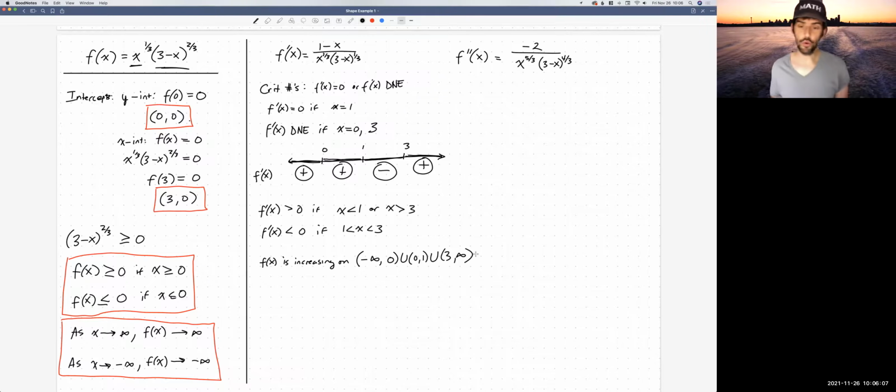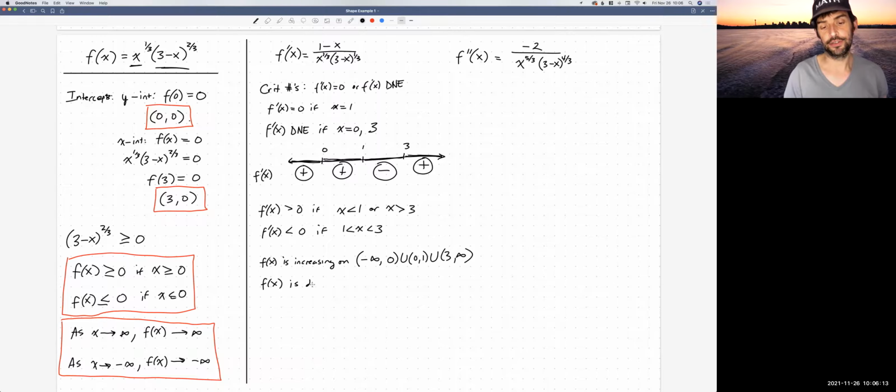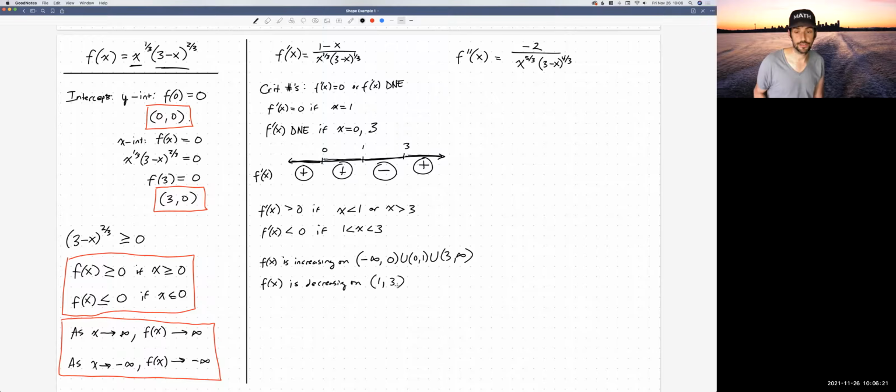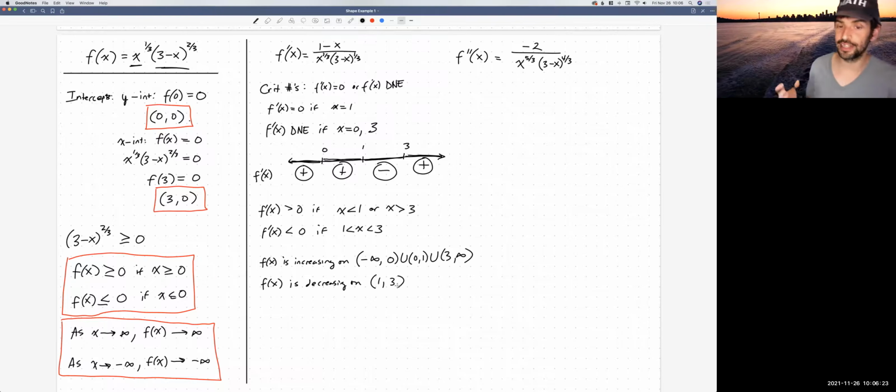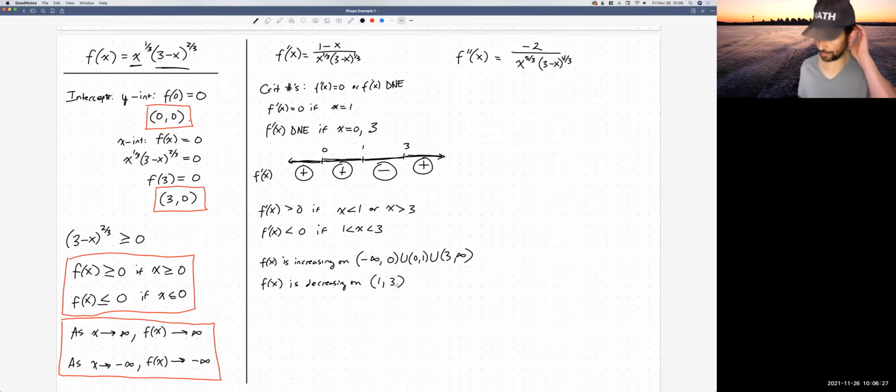We don't quite know what's happening at these critical numbers. We'll talk about this in just a second. And then f of x is decreasing on the interval 1 to 3. So these are intervals here. It's decreasing on that one interval, increasing everywhere else. So more good information about our function.